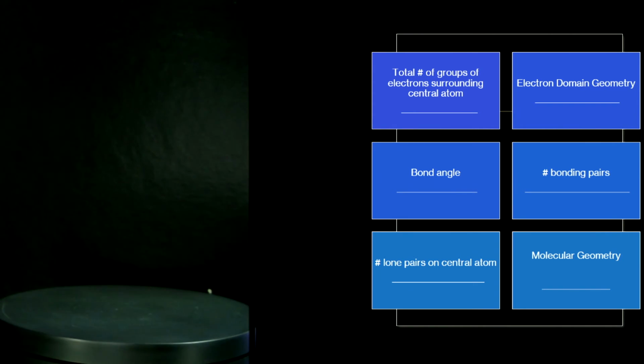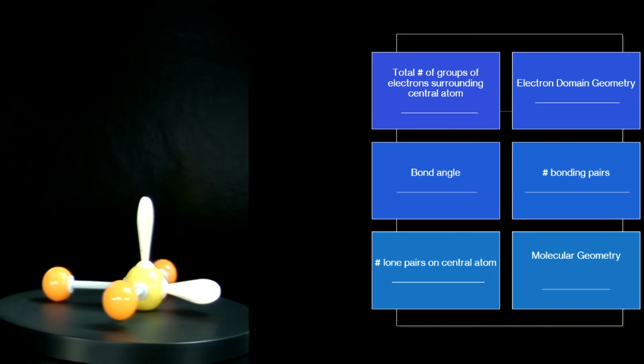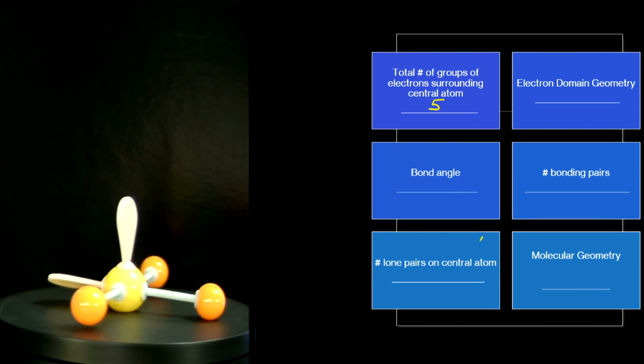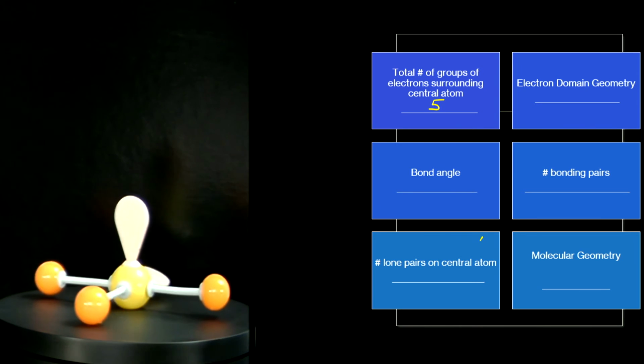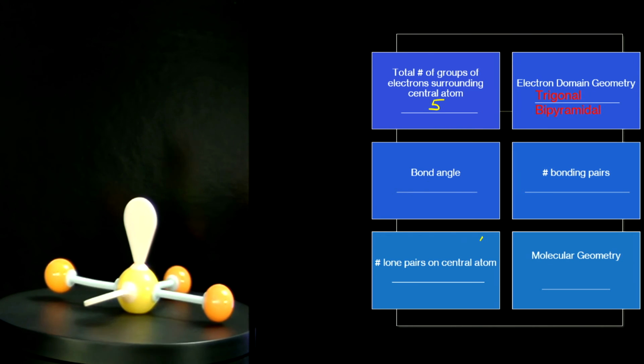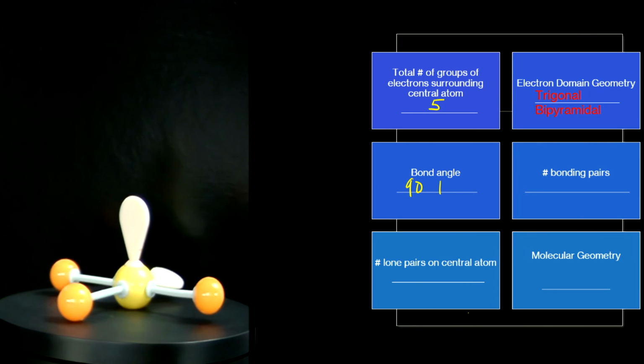So next up I have ClF3. So in this situation we're going to have, here it comes, we're going to have 5 regions around our central atom that contain electrons. Therefore the electron domain is going to be trigonal bipyramidal. Our bond angle will be 90 and 120 degrees.